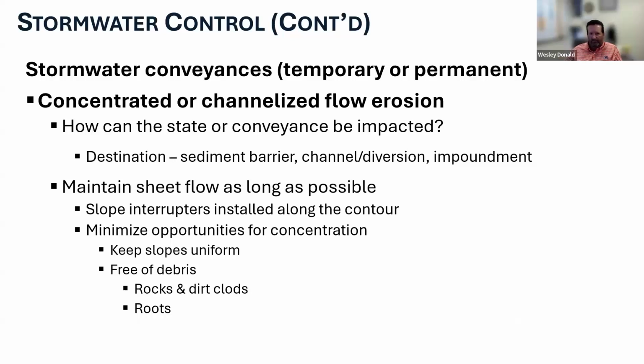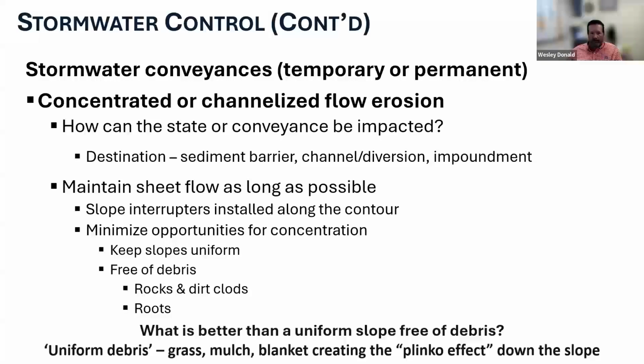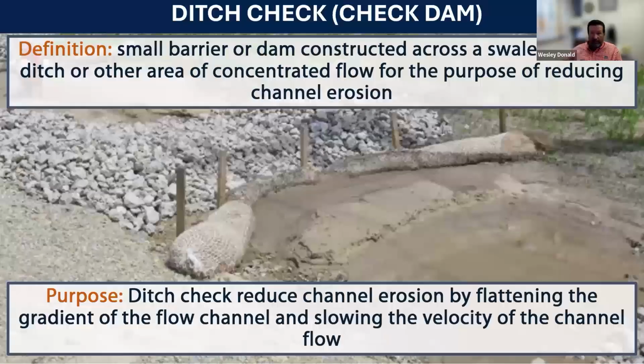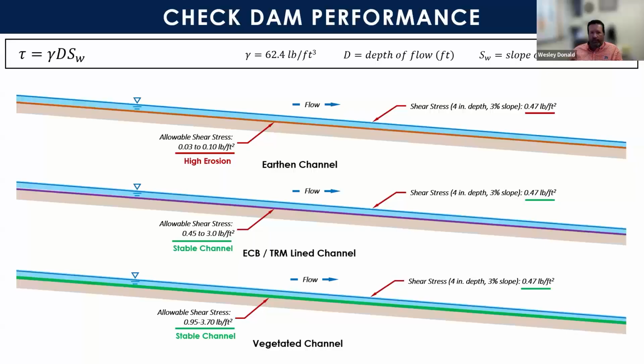Again, from a destination standpoint, we want to interrupt that flow and minimize opportunities for constant concentration throughout our project. So when we put ditch checks in as our obstacle, a ditch check is a small barrier that's going to reduce channel erosion by flattening the gradient of our flow.